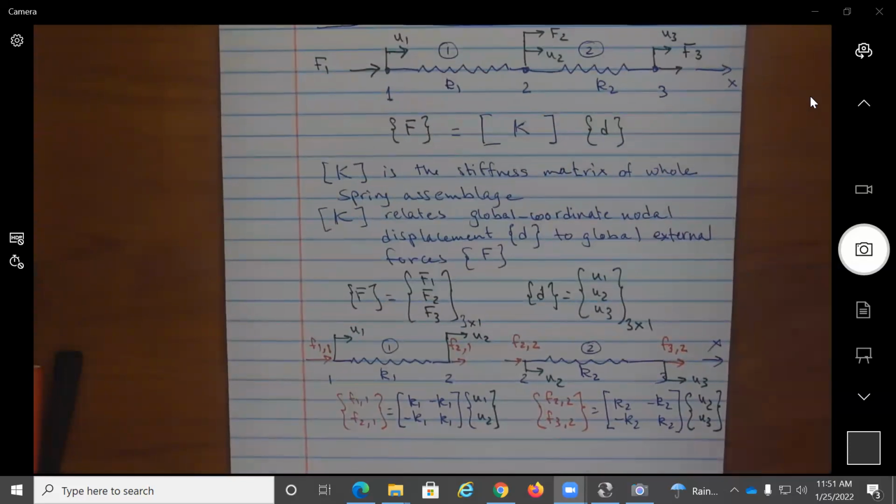Now, as I isolated the elements and was able to write element stiffness equations, I also want to look at the forces applied to the nodes independently. Question? No, lowercase. These are element equations, like the ones we just derived.